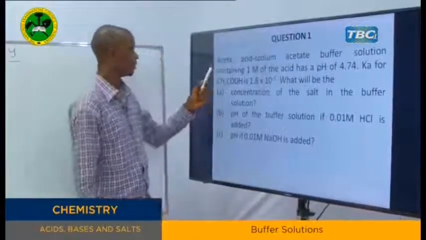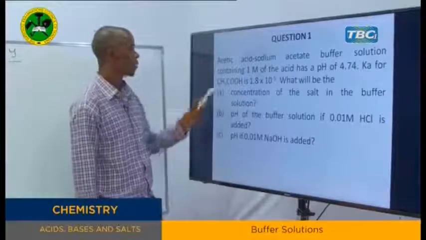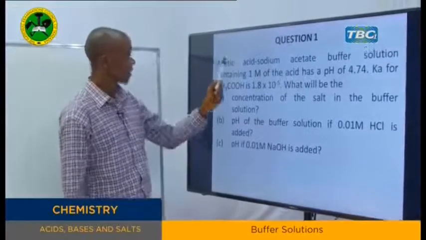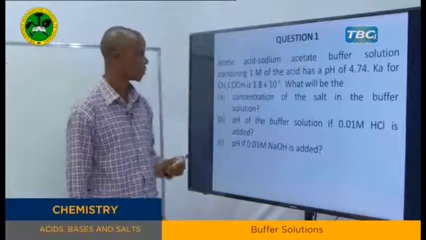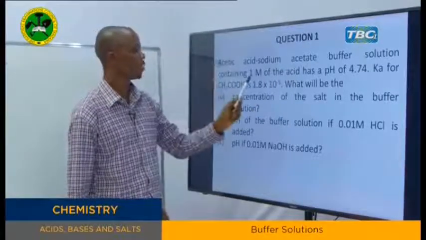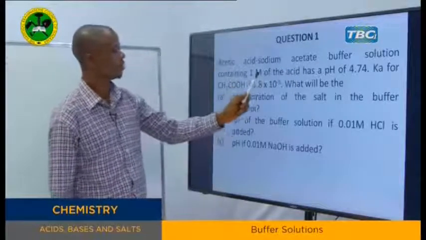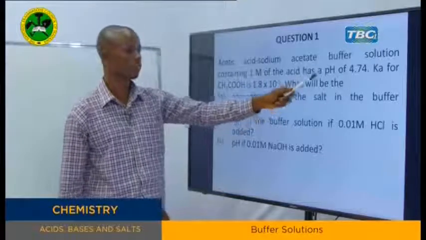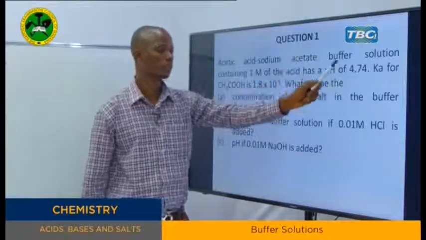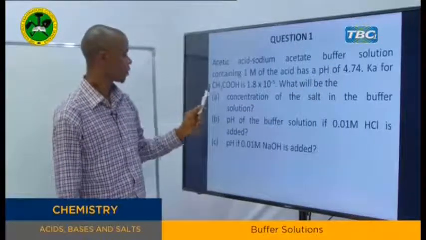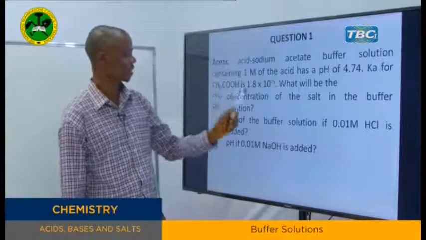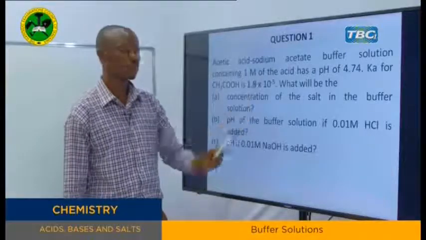Here, the first question says: an acetic acid, sodium acetate buffer solution containing 1 molar of the acid has the pH of 4.74, and the ionization constant for this acid is 1.8 times 10 raised to -5.